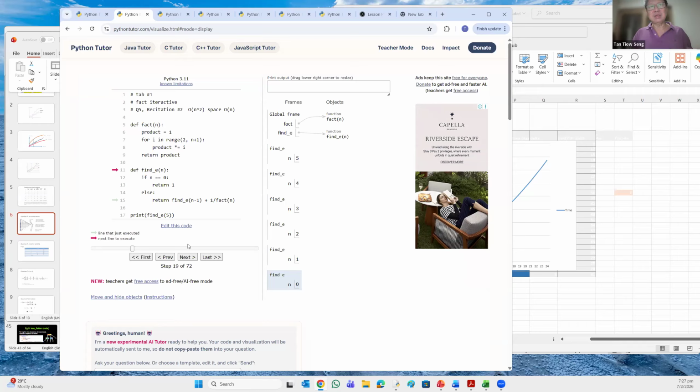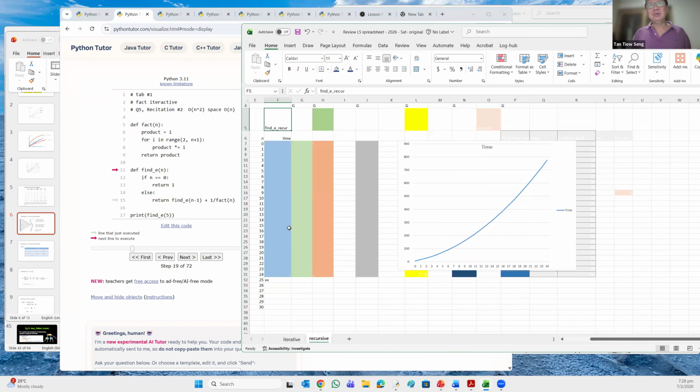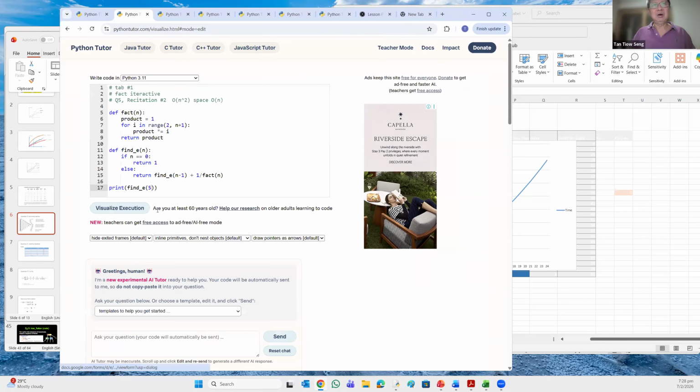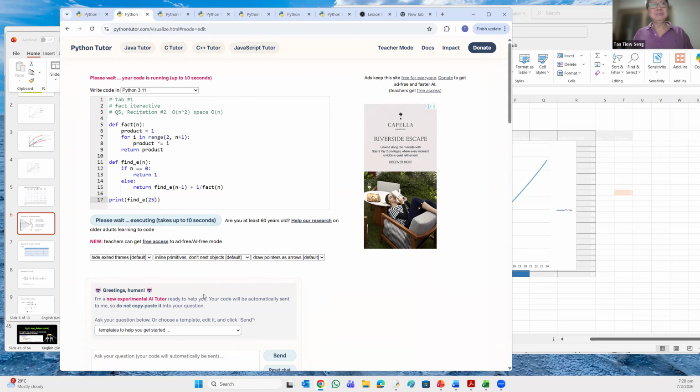So we treat all of them the same. So for input n equal to 5, we have 72 steps. And you can do the same for 25, for example.